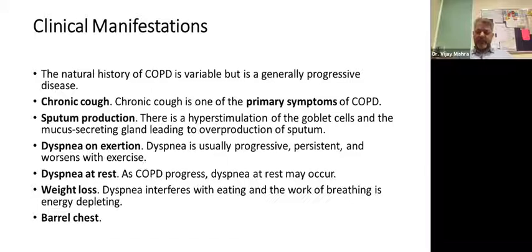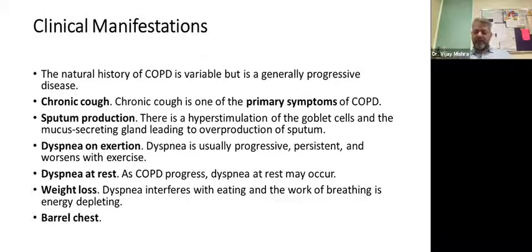The other symptom could be weight loss. Why? Most of the time it's the dyspnea. People are not able to breathe properly, they refrain from eating, and because they are breathing with difficulty, the large work of breathing leads to a lot of energy consumption, and so there is weight loss.